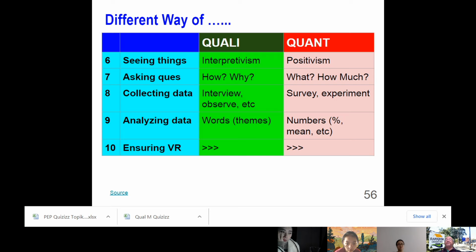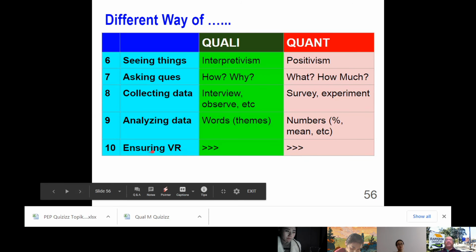We call it the transcribing process. After that, you read it over and over again and summarize. The summary is called themes. For quantitative, you analyze through numbers, for example through mean and also percentages. And difference number 10 is how to ensure validity and reliability.